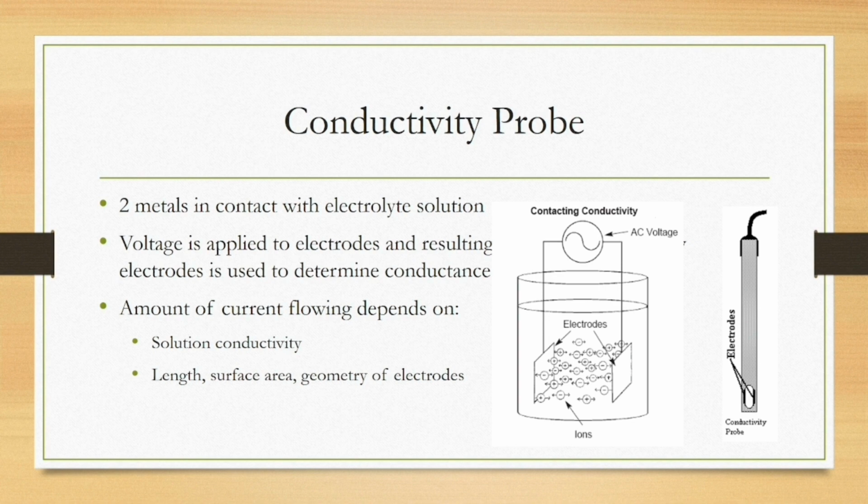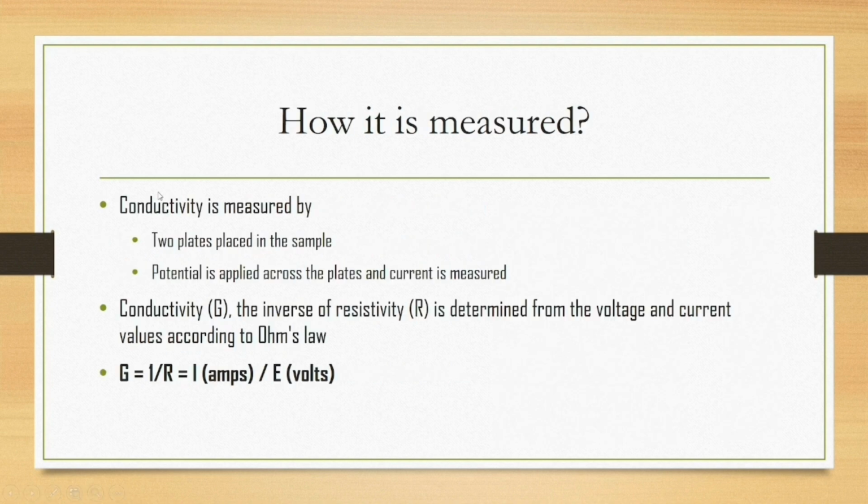A voltage is applied to the electrodes, and the resulting current is used to find the conductance. This current depends on 2 factors: first, the conductive nature of the solution and the amount of ions; second, the length, surface area and geometry of the electrodes. This is the way the conductivity is measured.